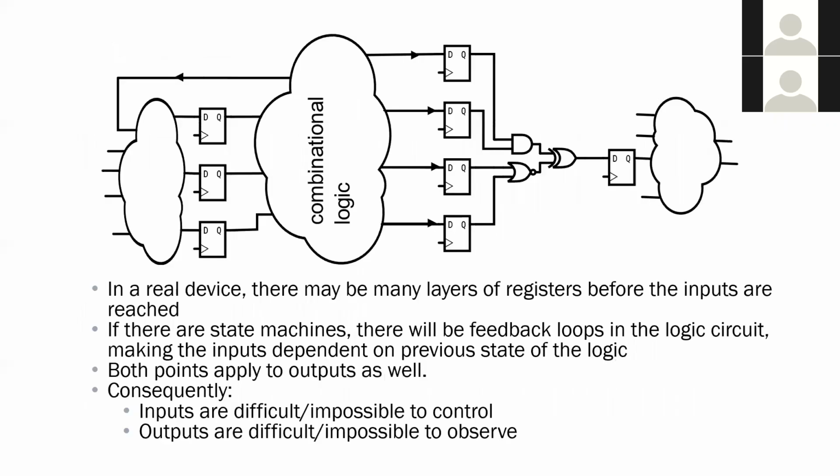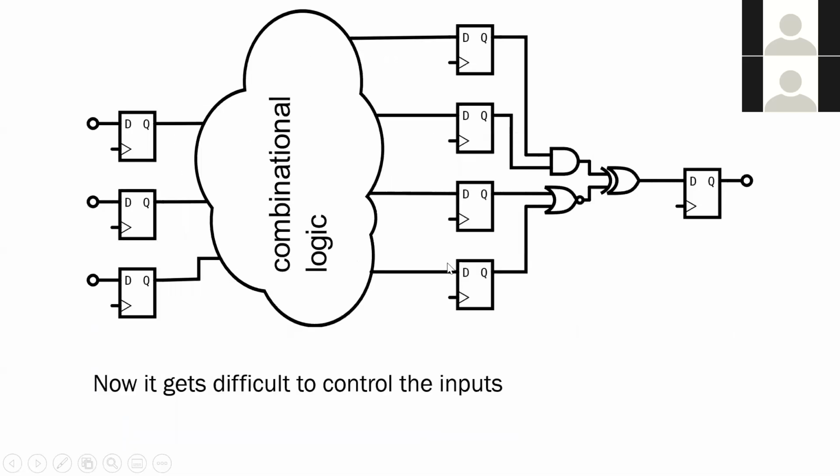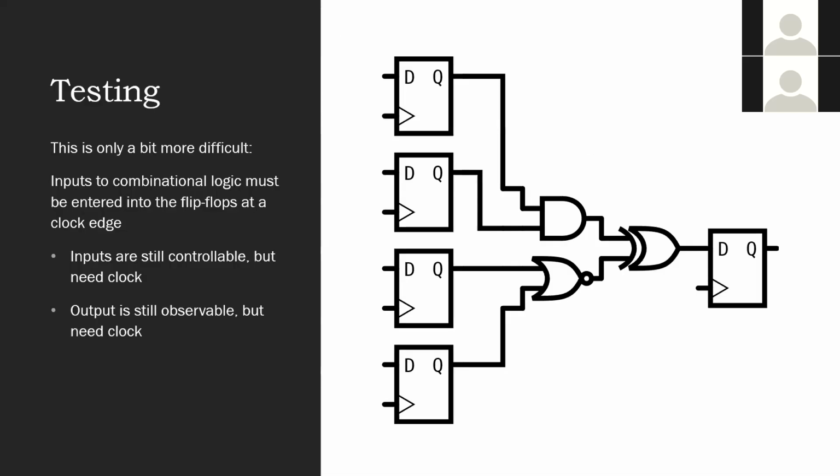So if I want to test these 3 gates here, the combinational logic, and I could directly write to these 4 flip-flops driving the inputs without having to go through all this previous logic, then I would have a similar situation as what you see here. Here I'm able to directly write to the 4 input flip-flops.